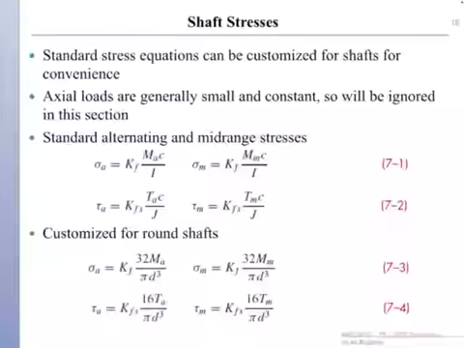For stress, in shafts we usually have alternating or fluctuating stresses. So the general formula to calculate normal stress and shear stress must be applied for the mid-range and alternating components.